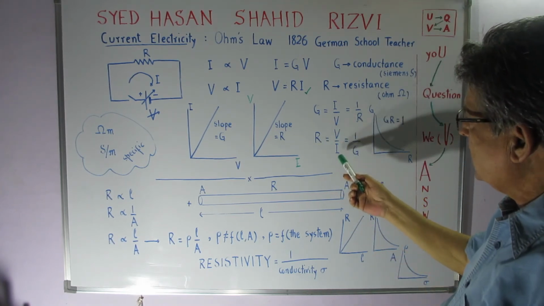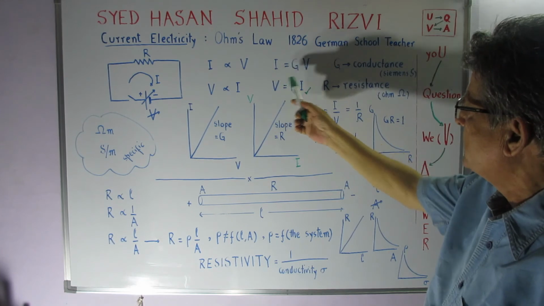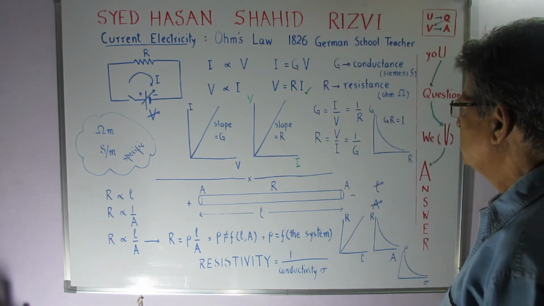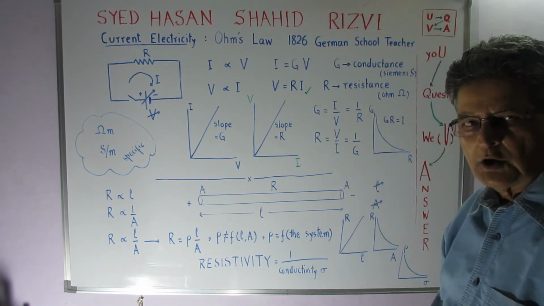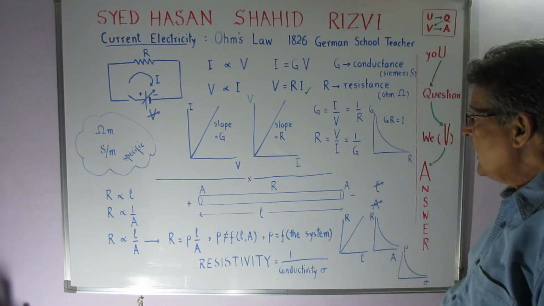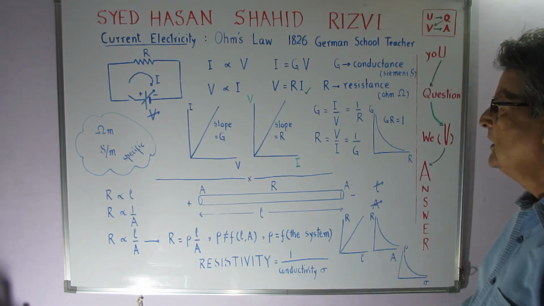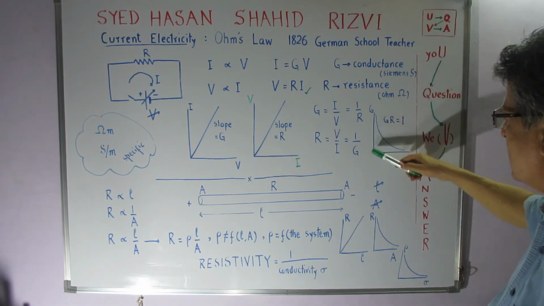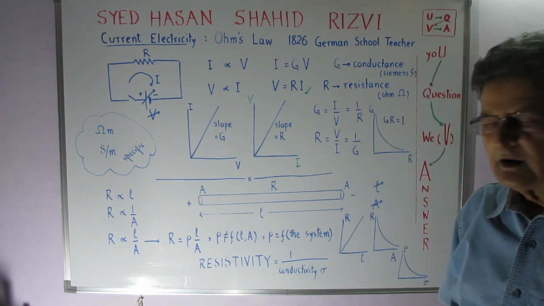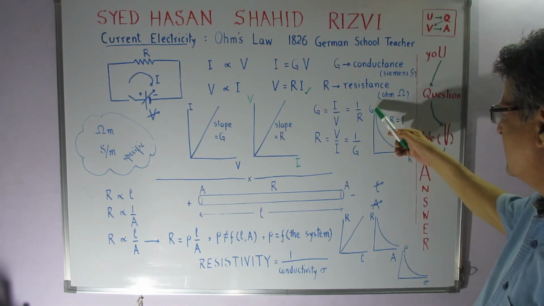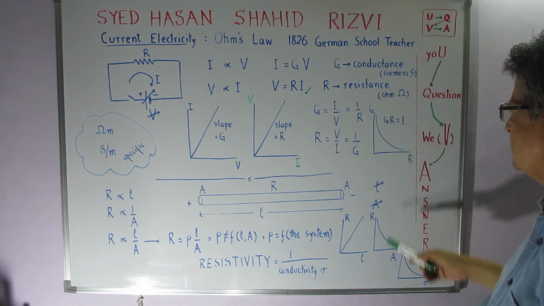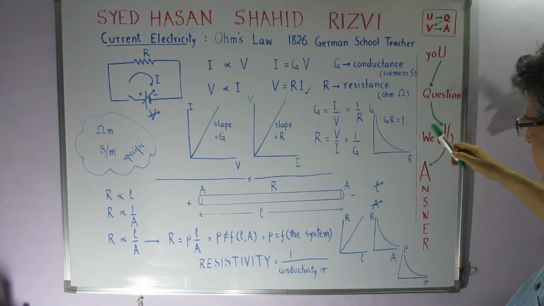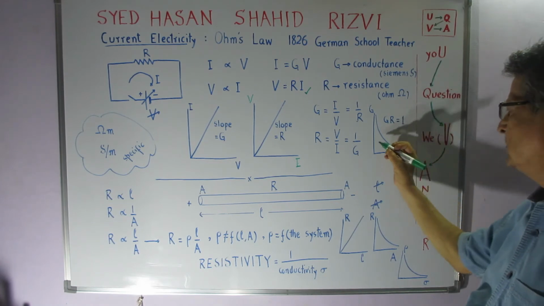Similarly, R is equal to V upon I, and this I can write as 1 over G. So G and R are the reciprocal of each other, which I am expressing in the form of a graph, G on the y-axis and R on the x-axis, and it will turn out that GR is equal to 1.